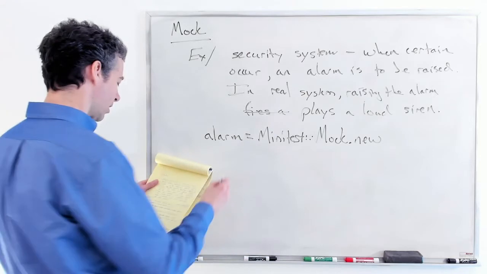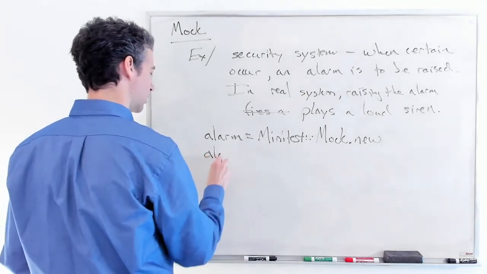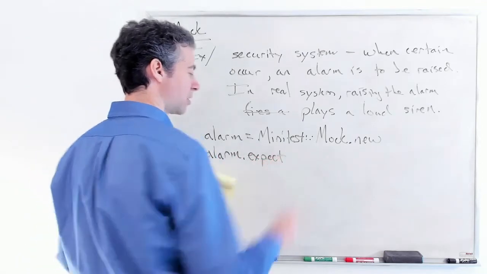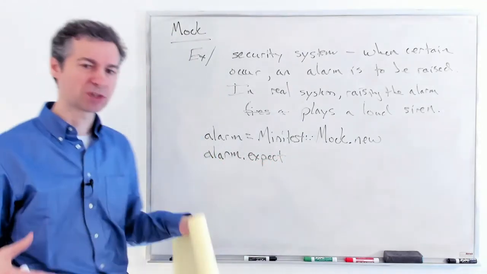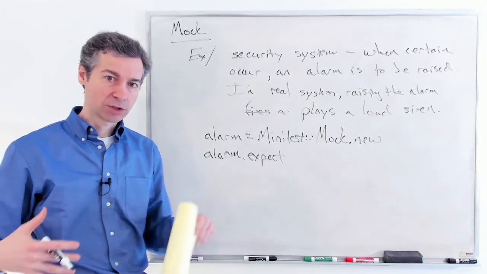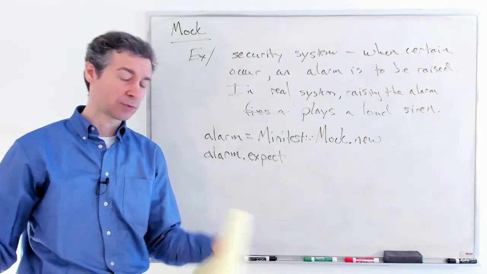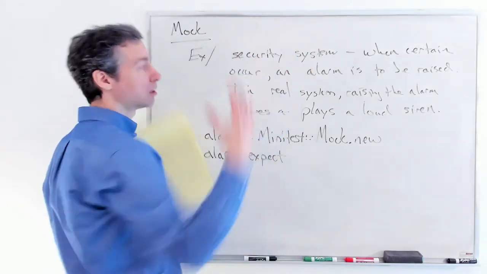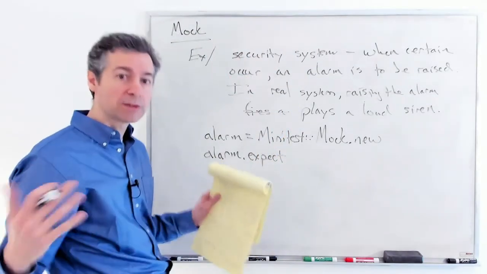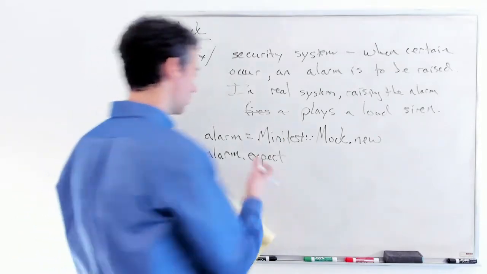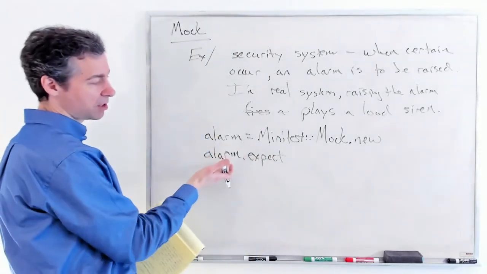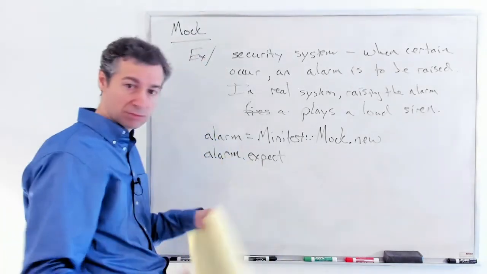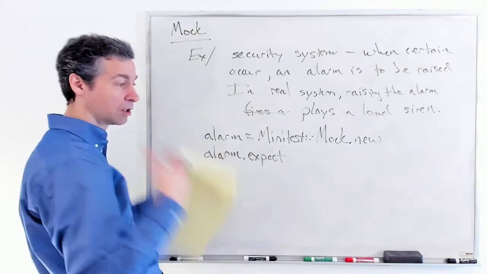Now we can take the mock and tell it what it should expect to be called. Which methods should it be expecting and keeping track of? Let's say the normal alarm has a method on it called raise alarm. This mock is designed to pretend to be the real alarm. So it's a double. Just like the date double, this is an alarm double.